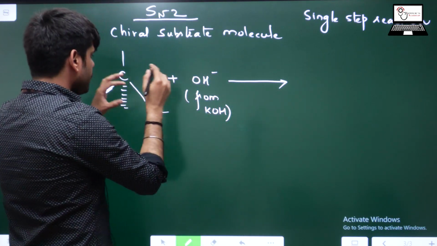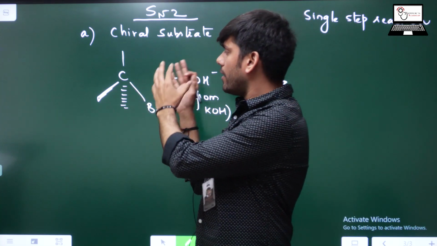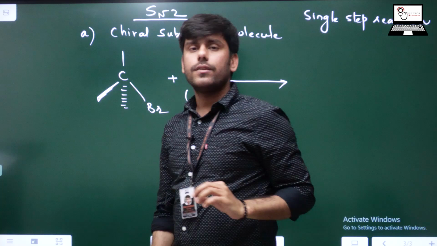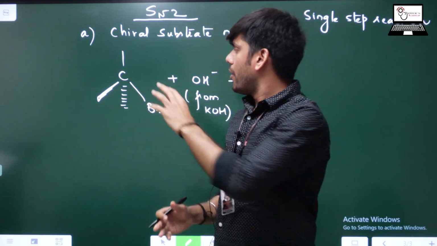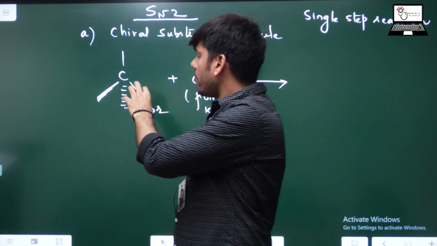Now, depending upon the type of alkyl halide, whether this carbon is sterically hindered or not, say 1 degree. What do I mean by that?